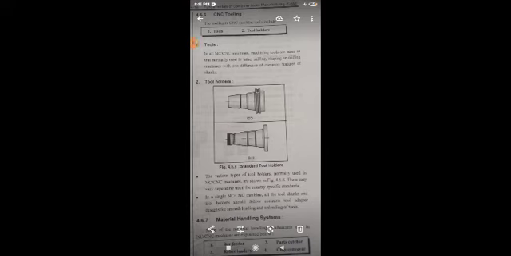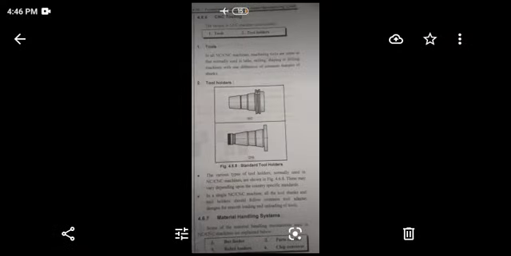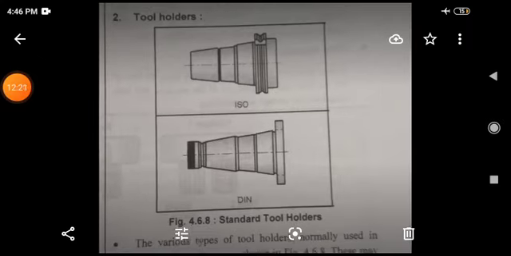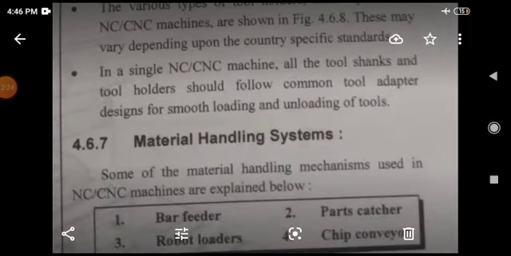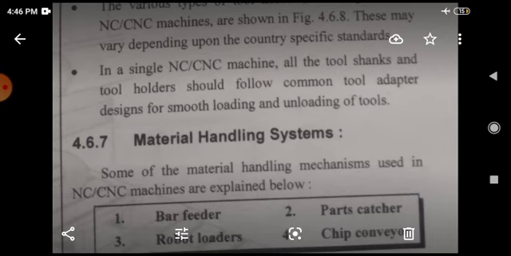For that purpose you have to use this material handling system. Okay, that means for loading and unloading of the material or workpiece, there are different material handling systems or different mechanisms used in NC and CNC machines.